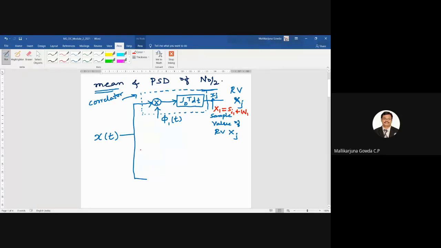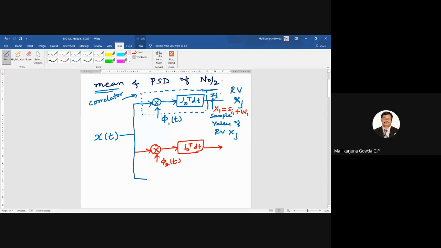Similarly, you can write the second correlator, with phi 2 of t, the multiplier, and the integral from 0 to T, dt. This will be your x2.